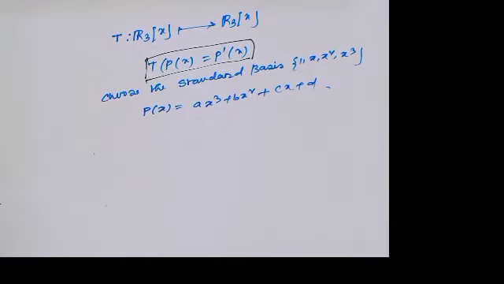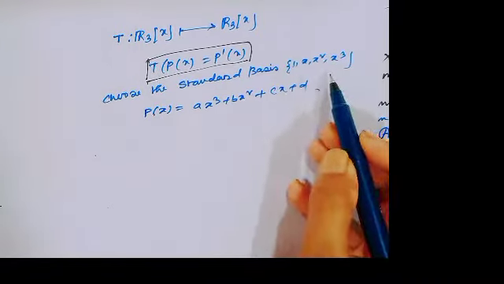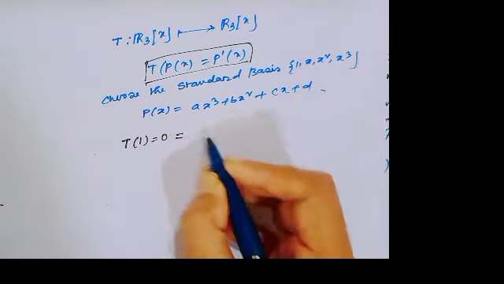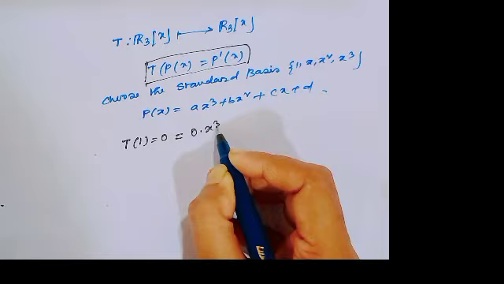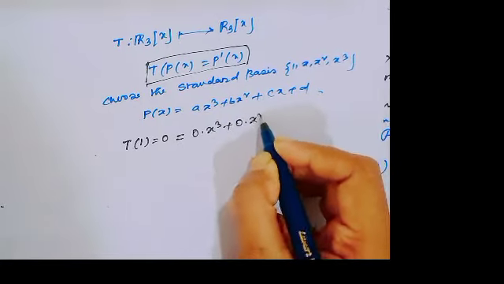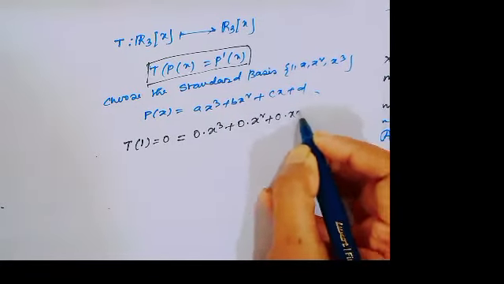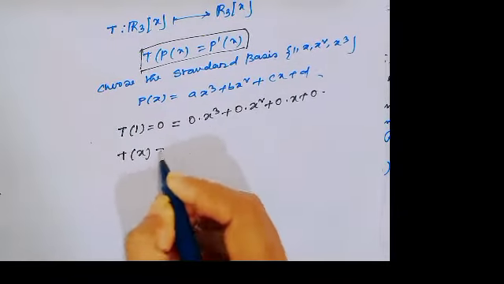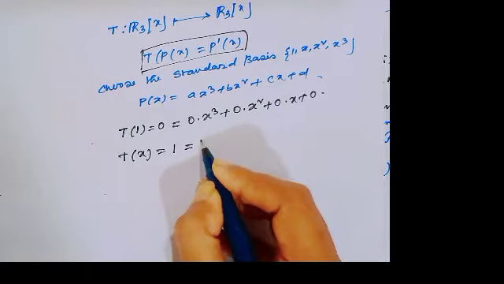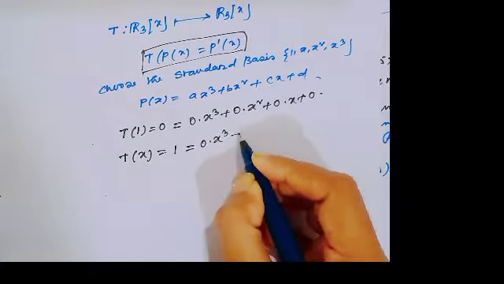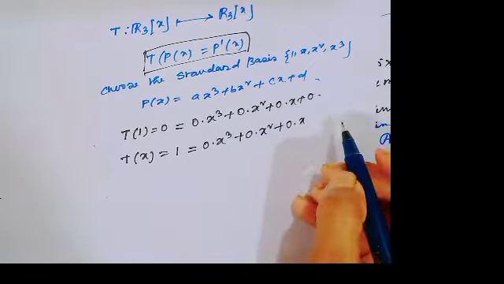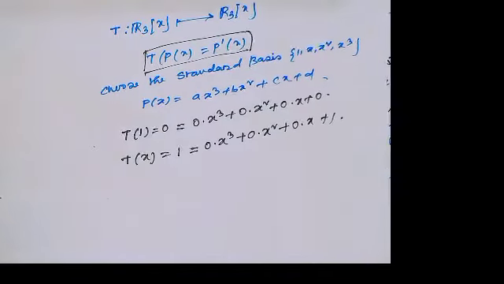Then apply this to the basis vectors. T(1) would be 0, which is written as 0 times x cube plus 0 times x squared plus 0 times x plus 0. And T(x) equal to 1, which is equal to 0 times x cube plus 0 times x squared plus 0 times x plus 1.